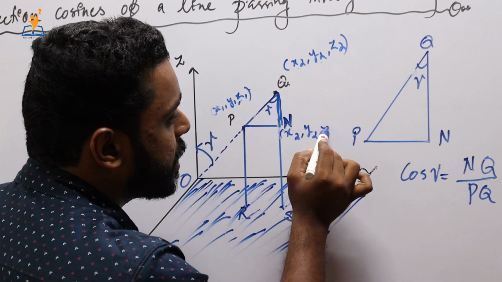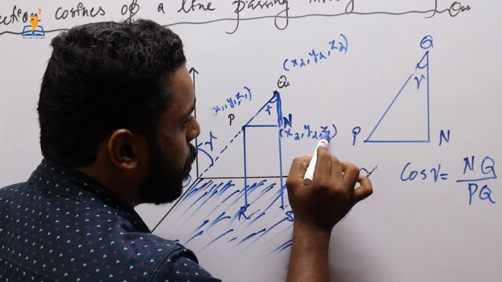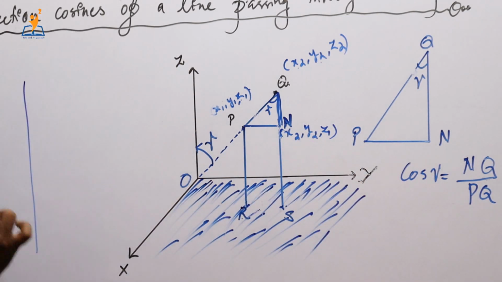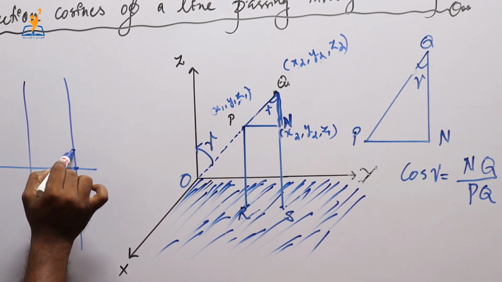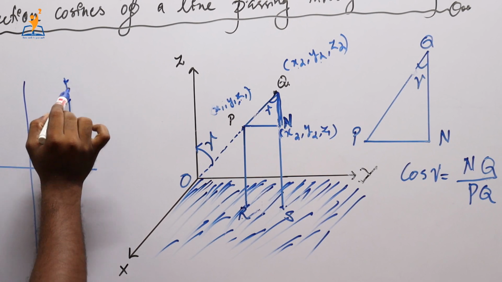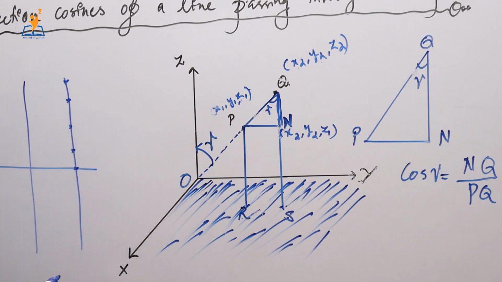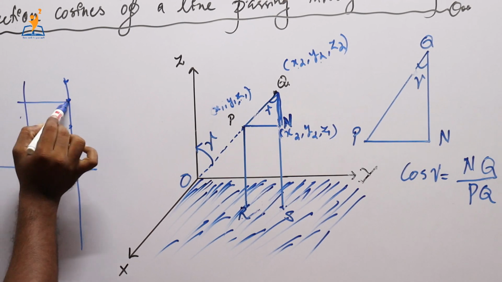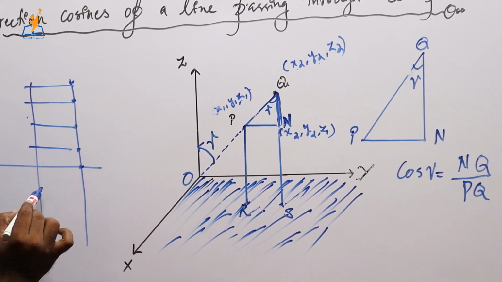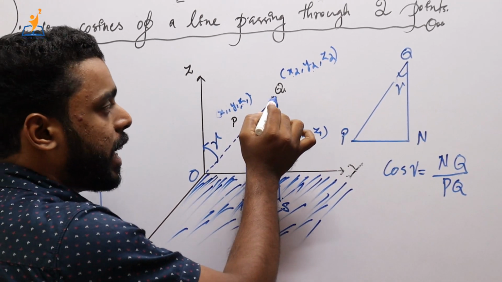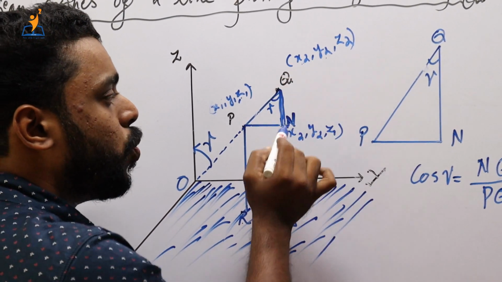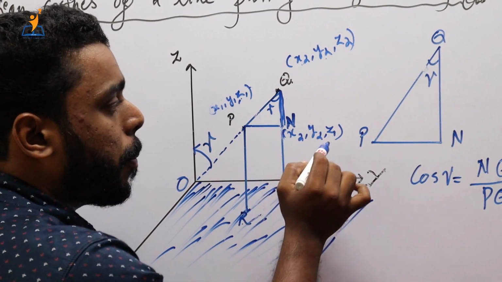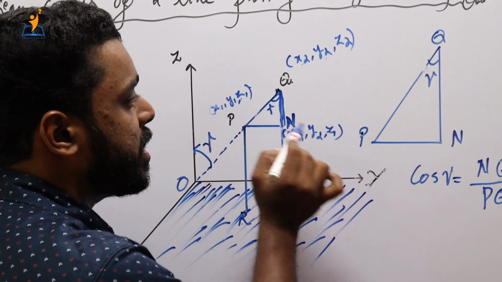z1 will be the third coordinate of this point, because we know that whenever we draw a perpendicular line in the two-dimensional plane, all the points on the same line have the same x coordinate, but the y coordinate keeps on varying. Which means that NQ is a line perpendicular to the XY plane, so the coordinates x2, y2 will be the same for N also, but the change happens to the third coordinate, which is z1.